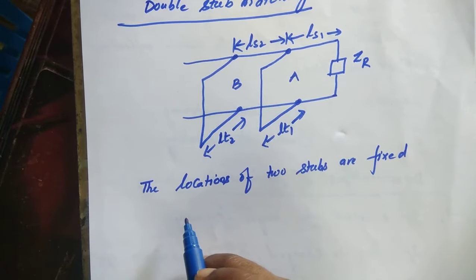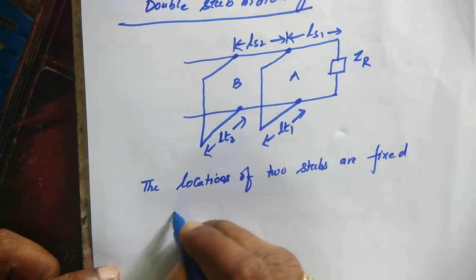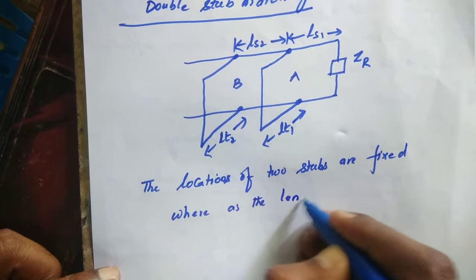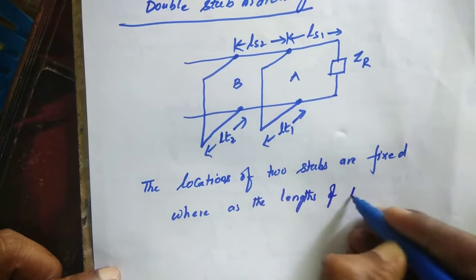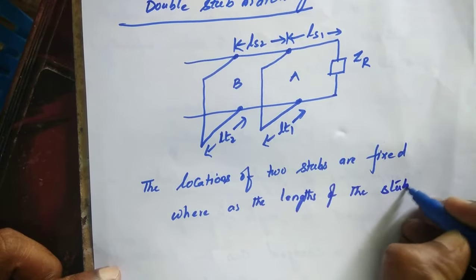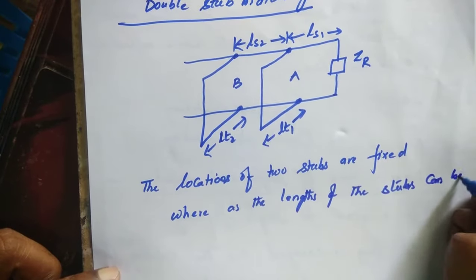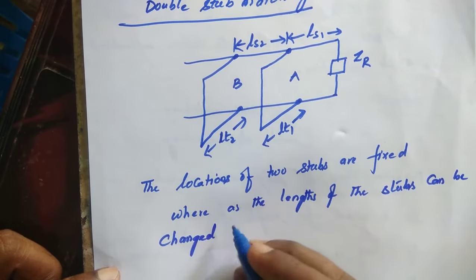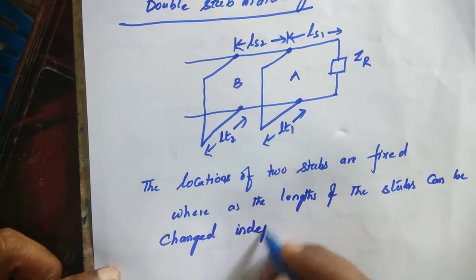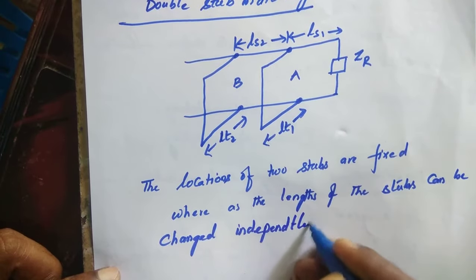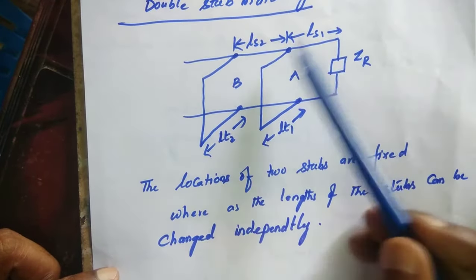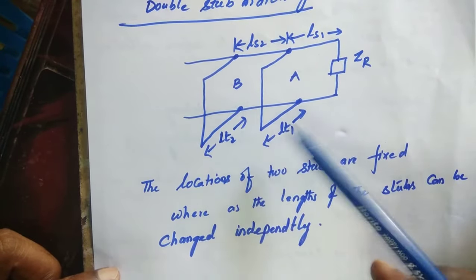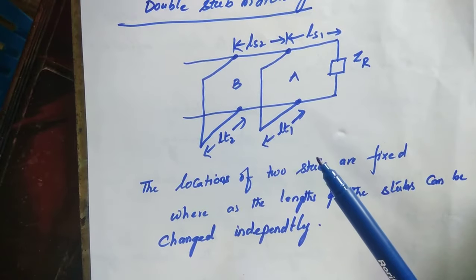Here the locations of the two stubs are fixed, whereas the lengths of the stubs can be changed independently. The locations of the stubs are fixed, but the lengths of the stubs are changed independently.